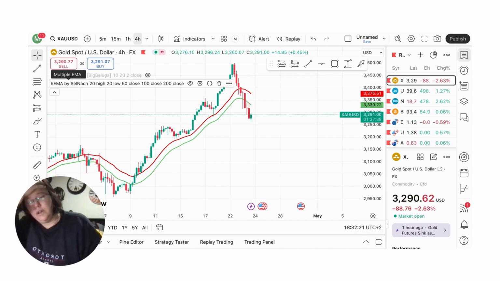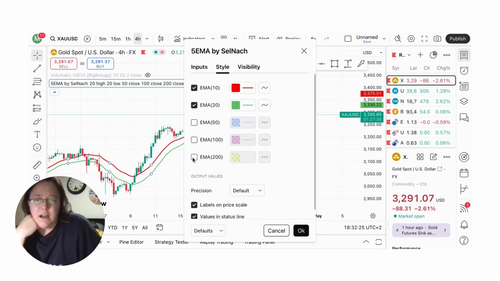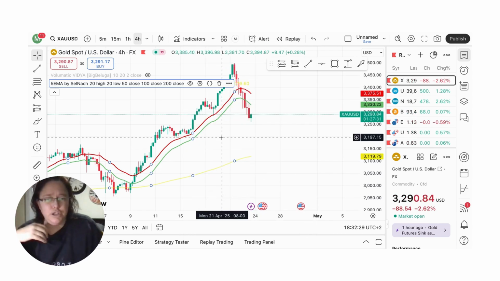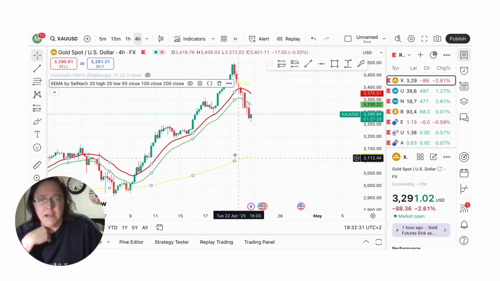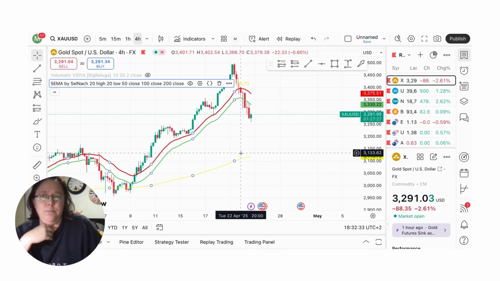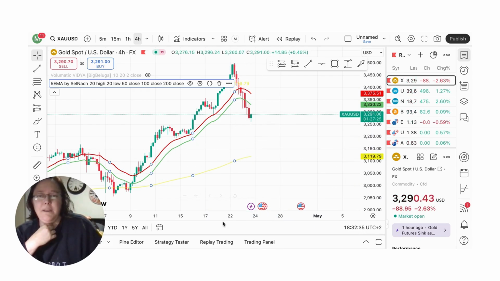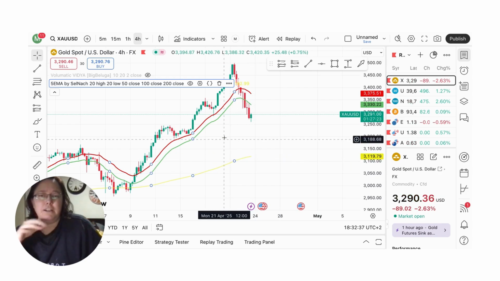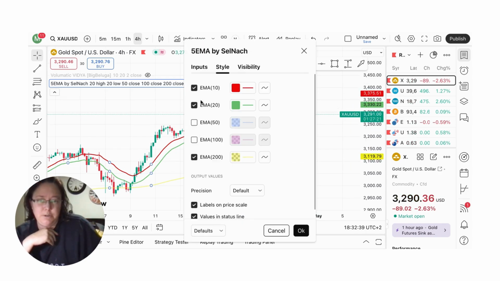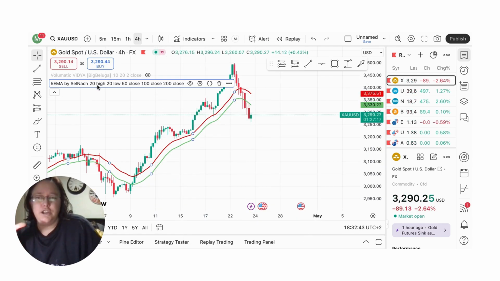For example, I sometimes bring in the 200 EMA just to give me an idea of where a possible profit target can be or where the price can bounce from, but it's not applicable to this strategy specifically. Those are the only changes you're going to make to the indicator.